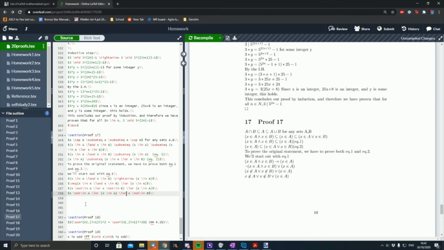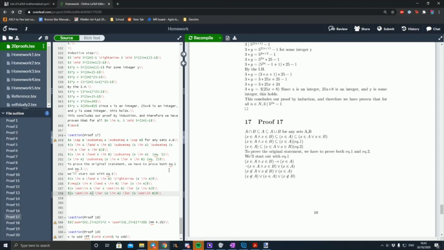I'm gonna put some more brackets around the ins to make it a little bit more legible. Oh yeah, okay.